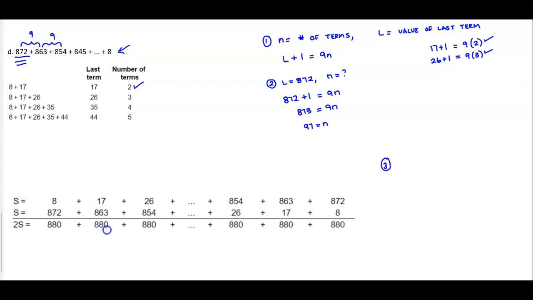So in step number 3, again, we know that there are 97 terms in the sum of the first row, s, and there are 97 terms in the sum of the last row. So, since we know that n is equal to 97, we can find s by doing the following. We have 2s, and we know it's going to equal the value of n times 880.